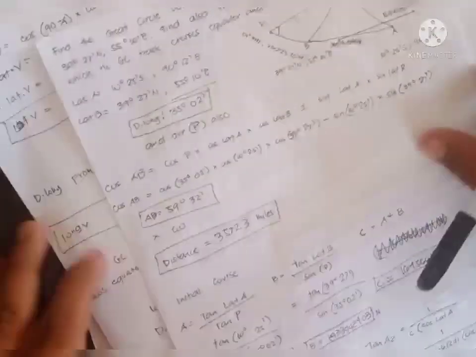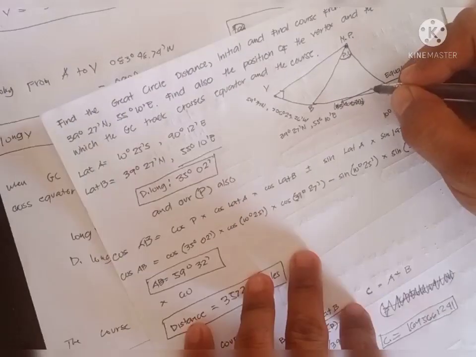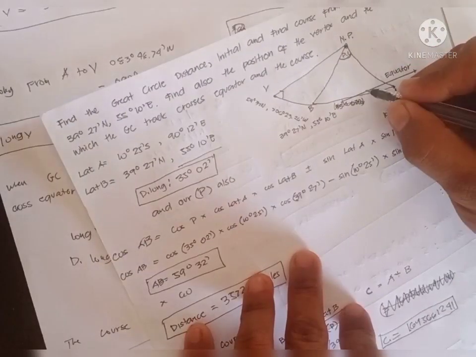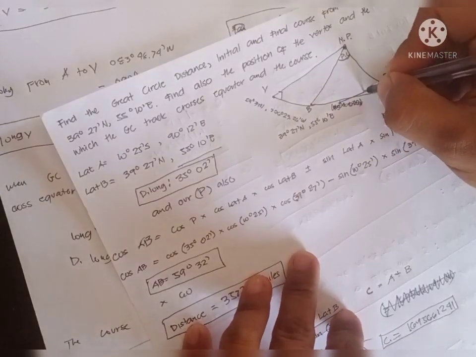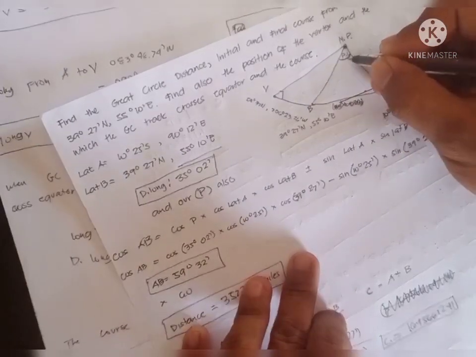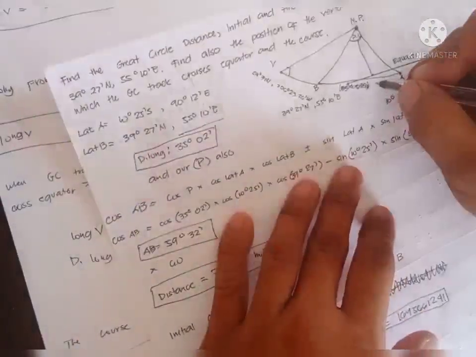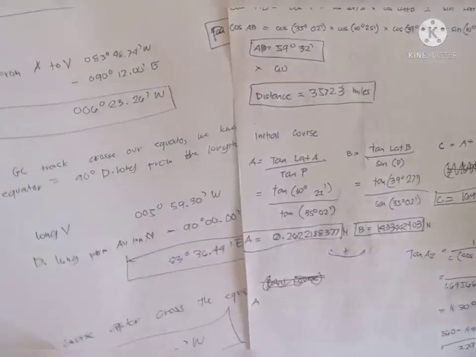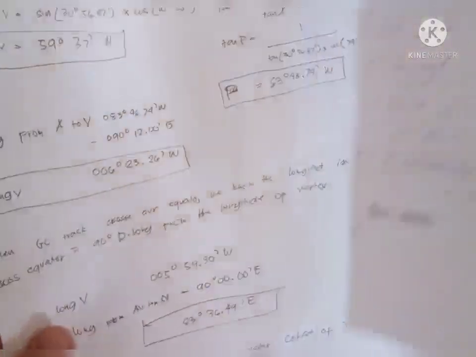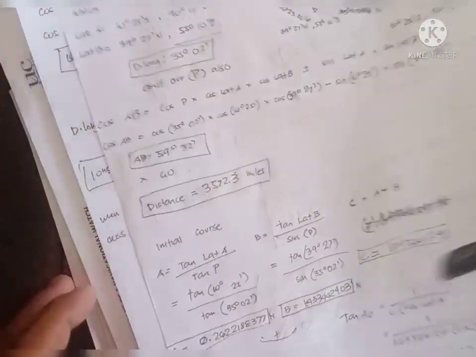So our N, we will put it here in the equator and up till here. So let's put it N. So now we are able to solve. We are done already with this.